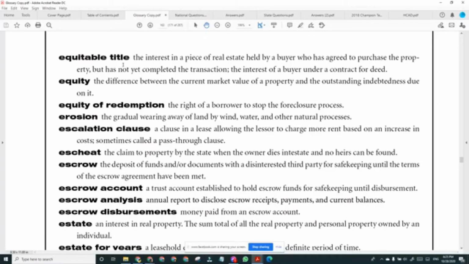Equitable title. The interest in a piece of real estate held by a buyer who has agreed to purchase the property but has not yet completed the transaction. The interest of a buyer under a contract for deed. So they have an equity on that piece of land or property.